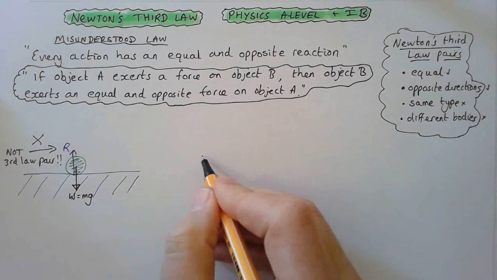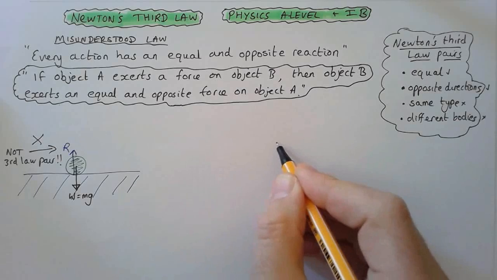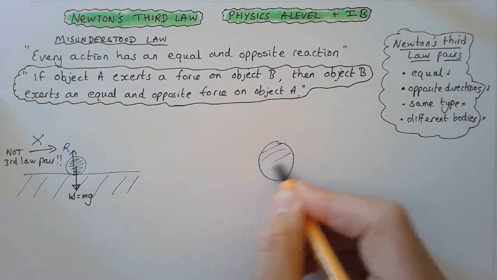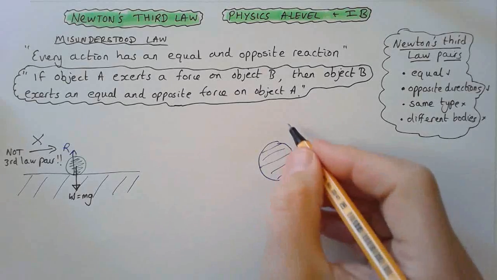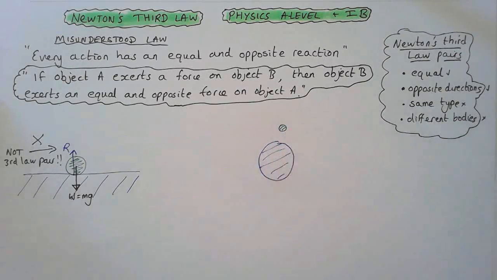Or zoom out, I should say. Let's imagine that there's the Earth, zoomed right out, and there's a ball falling towards the Earth up here. Right, now this is a little bit more interesting because there is no reaction because they're not in contact.